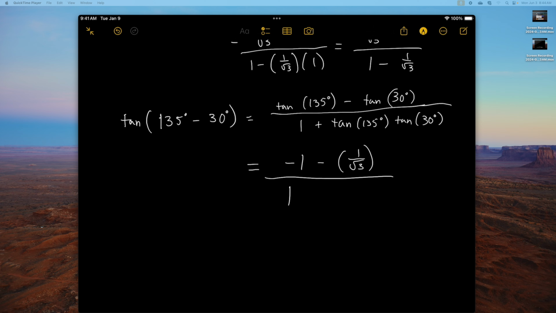Then we have 1 plus a -1 times 1 over the square root of 3. So we have -1 minus 1 over the square root of 3, and we have 1 minus 1 over the square root of 3. Okay. Now that's just the application of those trig identities.